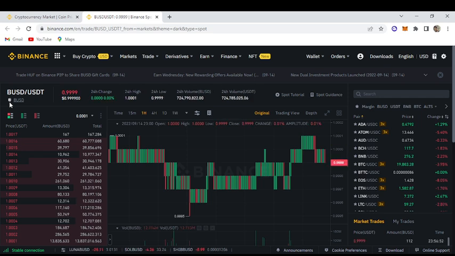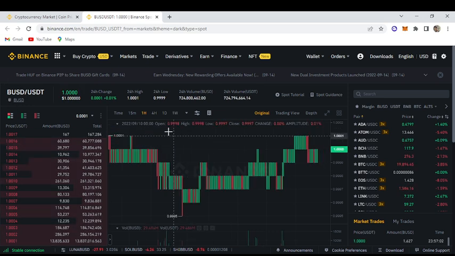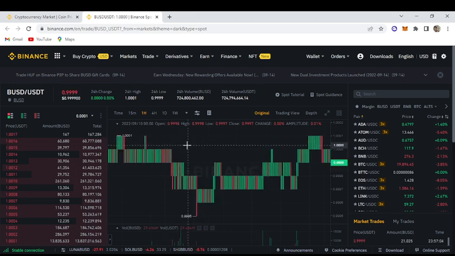It works just like USDT, and that's a stablecoin by Binance itself, so that's a very trustable coin which you can trade. And of course, if you trade on Binance and use BUSD for fees, you get a discount on the fees too. It was around 10% as far as I remember, but I'm not sure.